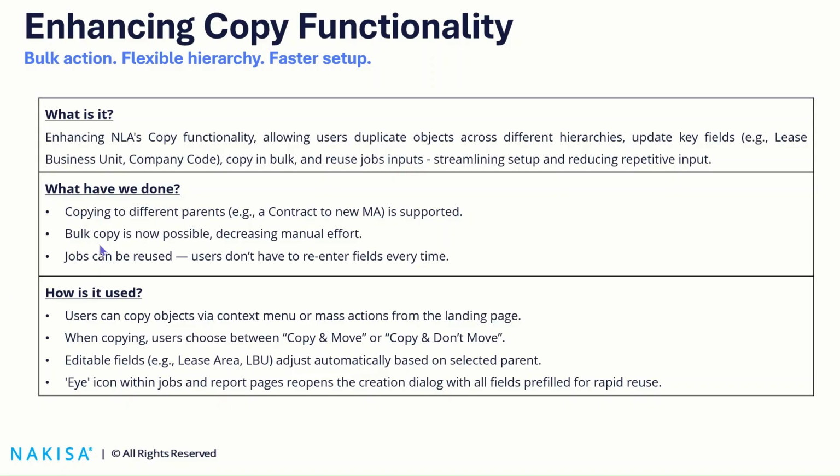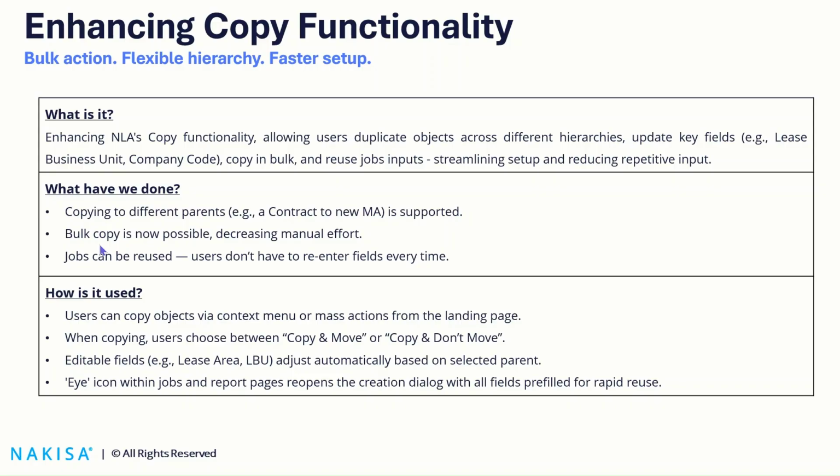The copy functionality also applies to jobs. For example, your batch posting at month end, you can simply copy an existing job and you don't have to re-enter fields every time, as well as you can use jobs that have been created by a different user.